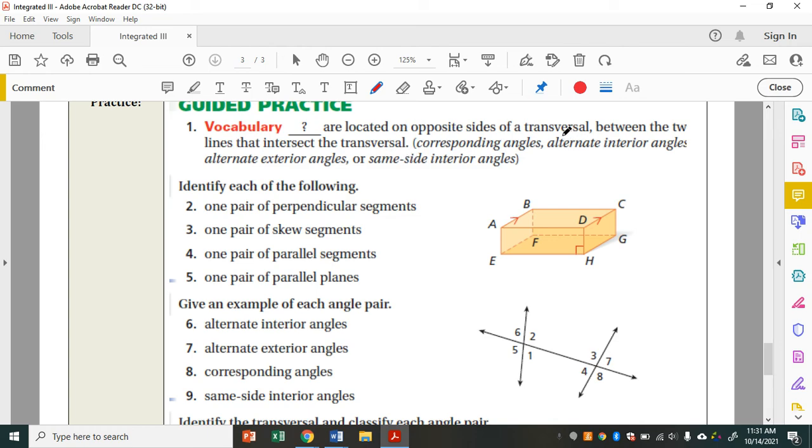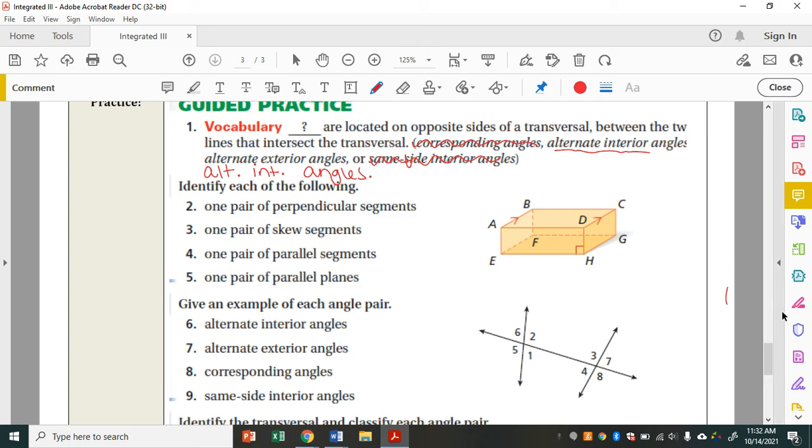So if they're located on opposite sides of a transversal, automatically we can get rid of corresponding and same side interior angles, right? Those are all on the same side of the transversal. So we're looking at alternate interior or alternate exterior. Because they're between the two lines, that means inside, we're looking for alternate interior angles. So our blank here should be filled in with alternate interior angles.